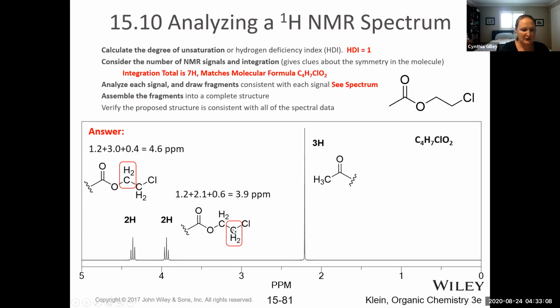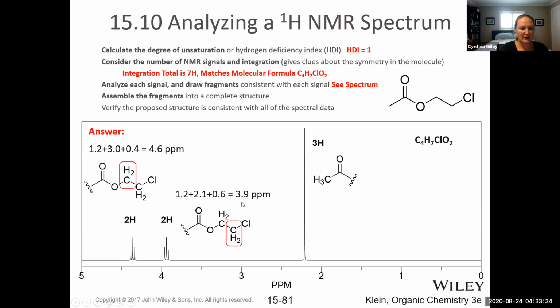For this CH2, now I am alpha to a chlorine, so I'm shifting 2.1 from my baseline value of 1.2. And then I'm also adding in the fact that these hydrogens are beta to the oxygen of an ester. So the alpha shift when you're next to the oxygen of an ester is 3.0. So 1/5 of 3.0 is 0.6.